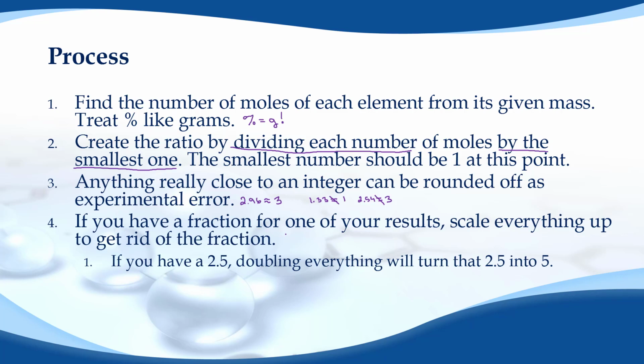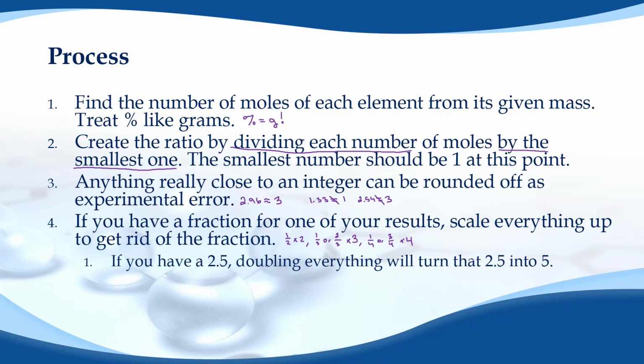If it's not close to an integer, but it is close to a fraction, so we're talking halves, close to 0.5, thirds, close to 0.33 or 0.67, or quarters, close to 0.25 or 0.75, we're going to scale everything up to make that fraction a whole number, right?